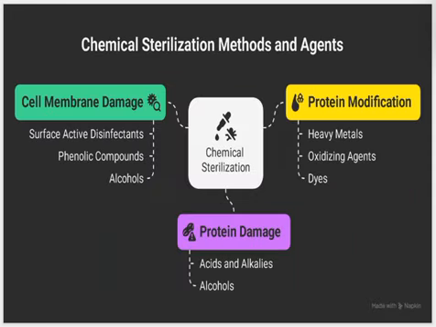Chemical sterilants work by targeting crucial components and processes within microorganisms, leading to their inactivation or destruction. Here are the key modes of action. Denaturation of proteins. Chemical sterilants, like heat, disrupt the 3D structure of proteins, causing them to lose their function. Damage to nucleic acids, DNA or RNA. Certain sterilants, like ethylene oxide, can alkylate DNA, proteins, and other cellular components.